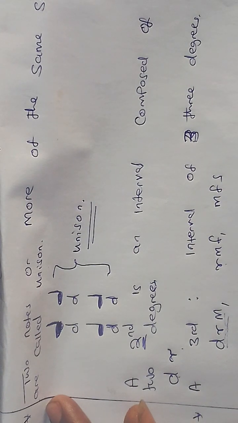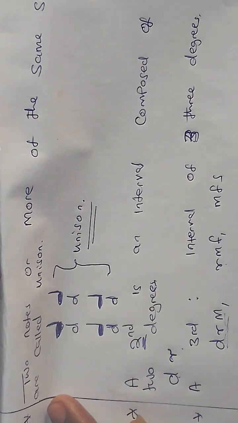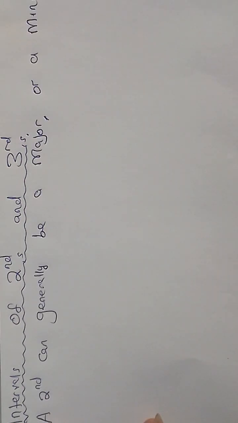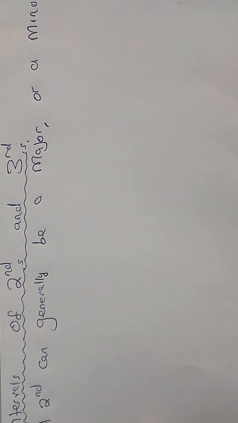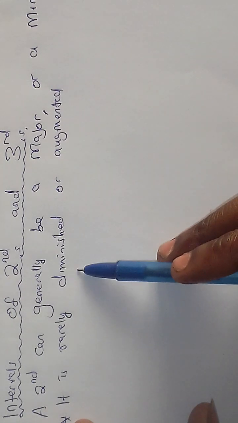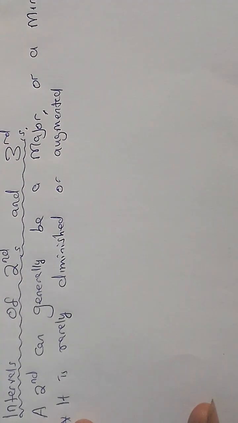Let's now look in more detail at the intervals of seconds and thirds. A second can generally be major or minor. Also, it is rarely diminished or augmented. Don't worry about the terms. What we are just about to do is the classification of intervals.